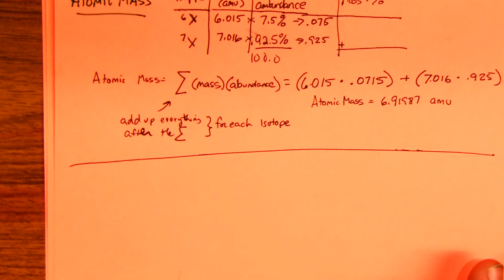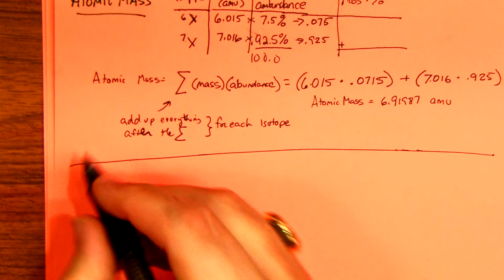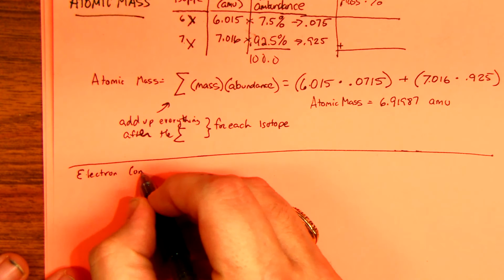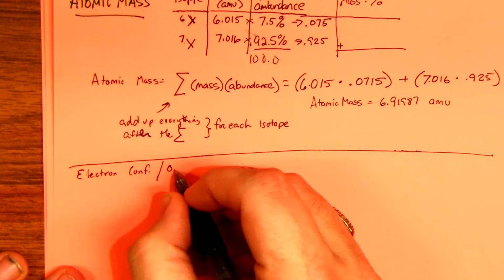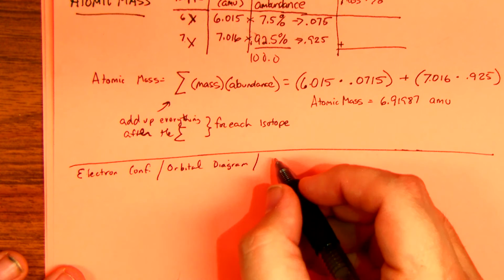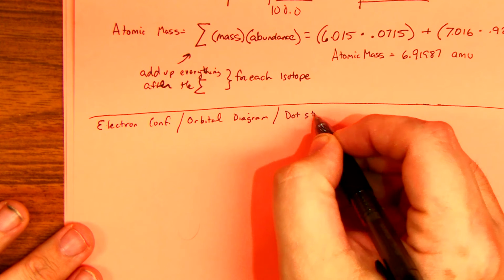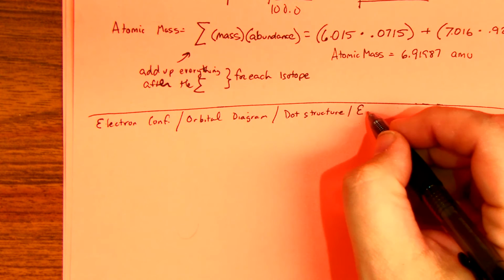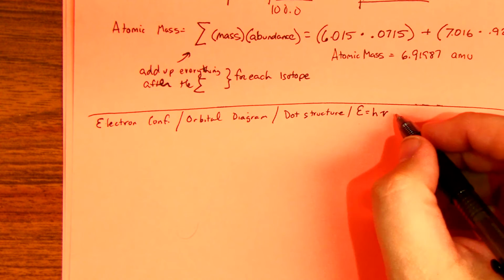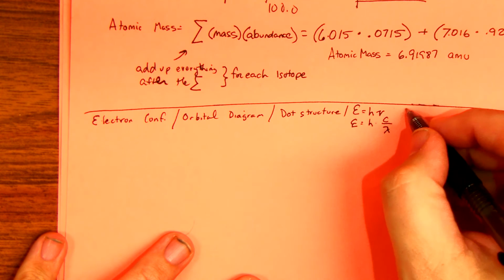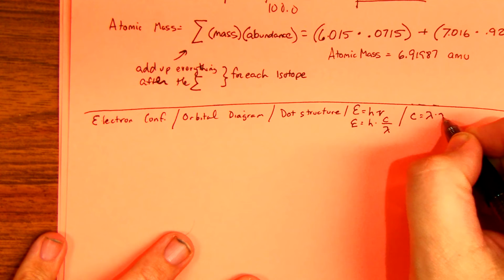The math portion, remember, the math side of it is going to be: you're going to get electron configuration, you're going to get orbital diagram, you're going to get a dot structure, you're going to get energy, E equals h times nu, or energy is equal to h times c over lambda, and you're going to get c equals lambda times nu, which is speed of light is wavelength times frequency.